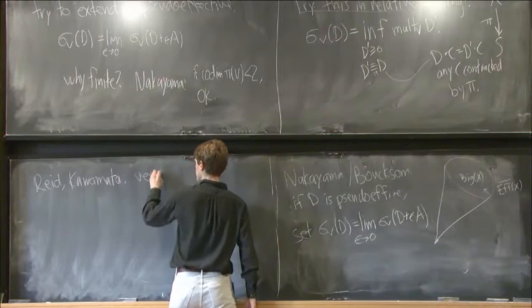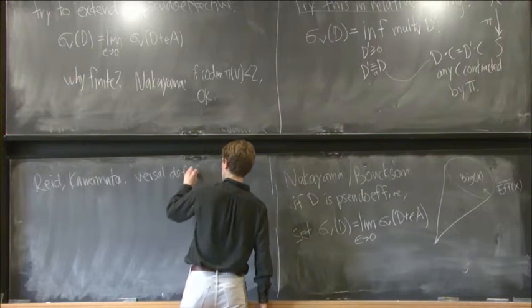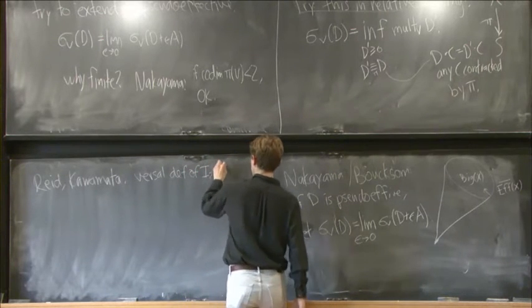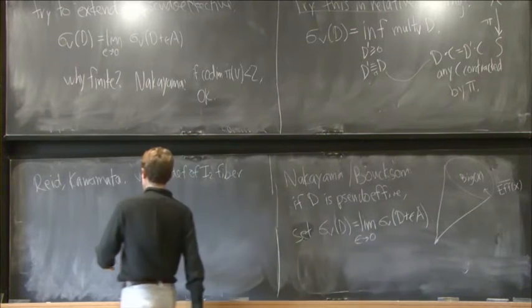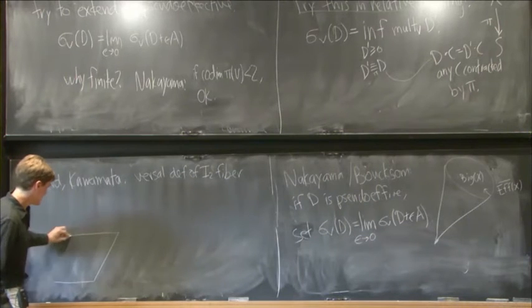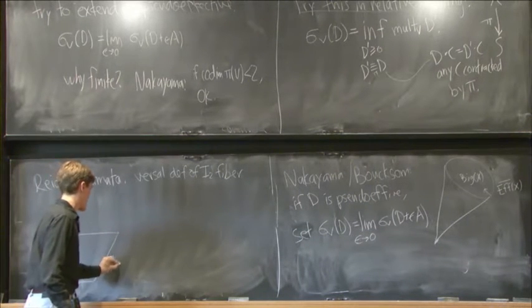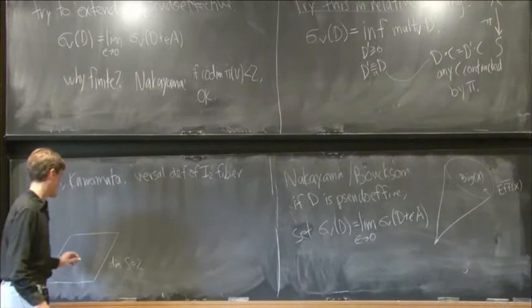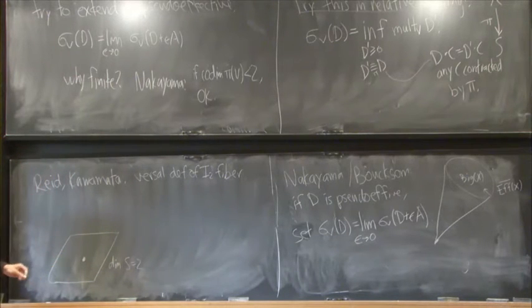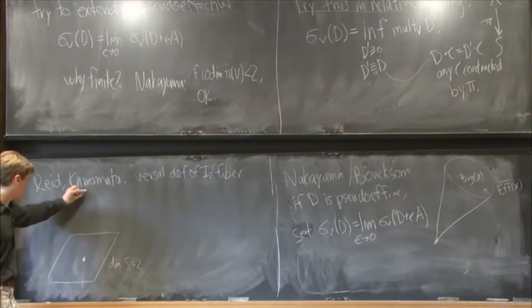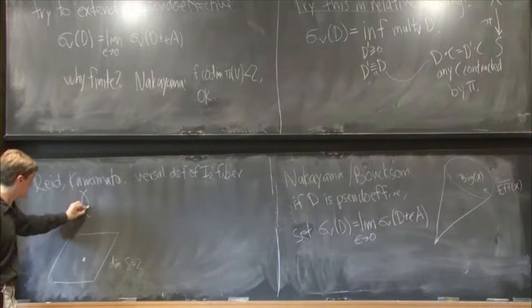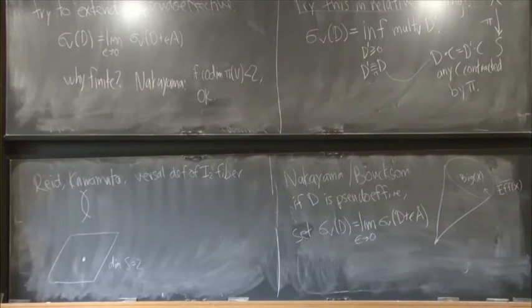So I'll draw a picture. Our base is going to be two-dimensional. Above the central fiber in the base, we're going to have an I2 fiber, so two rational curves meeting transversely at 2 points.